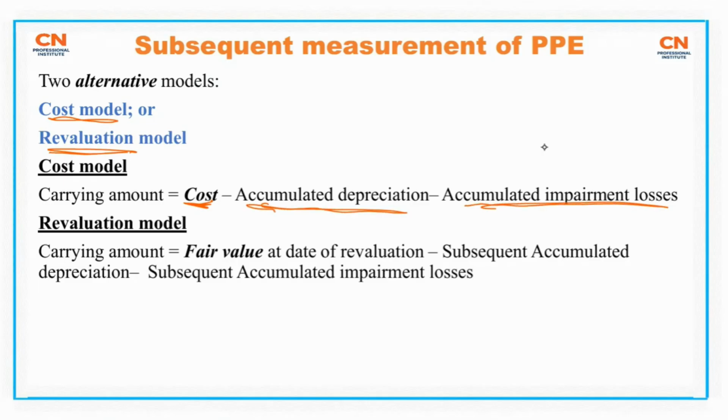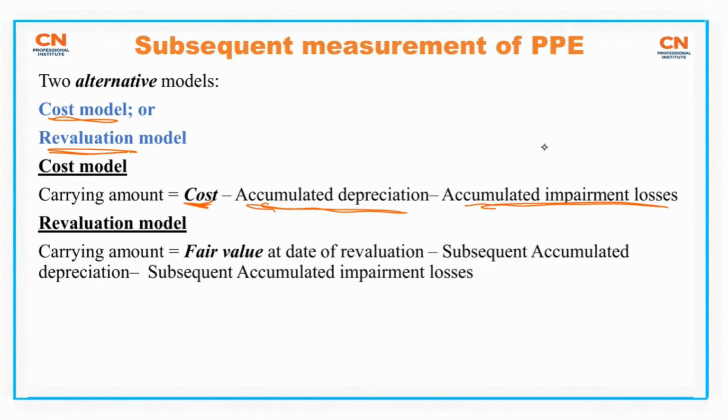So we have impairment covered by a different standard, right? IAS 36, impairment, right? So that's it. Basically, if you are using the cost model, the carrying value will just be the initial cost minus all accumulated depreciation you've charged. If you've also recognized impairment losses, then you also less the accumulated impairment losses and get the carrying value.